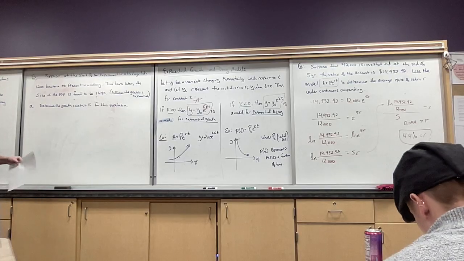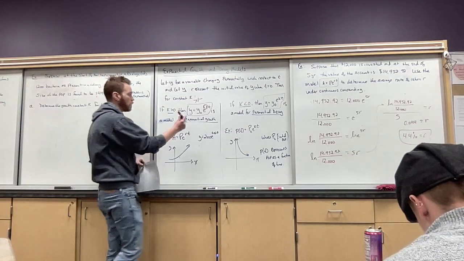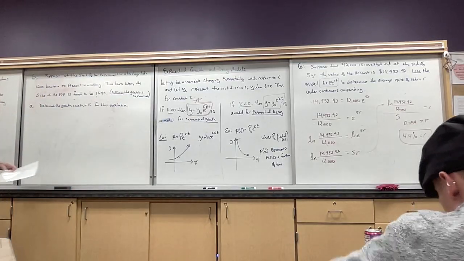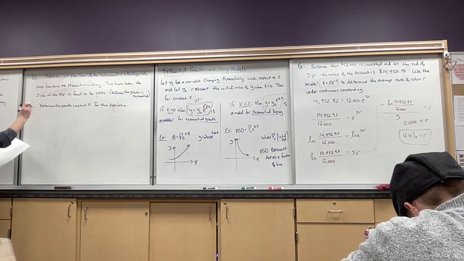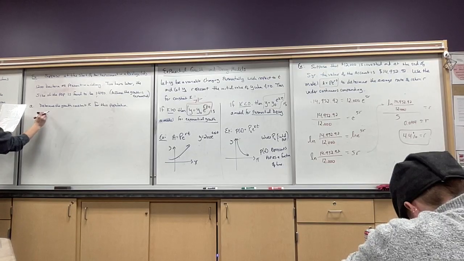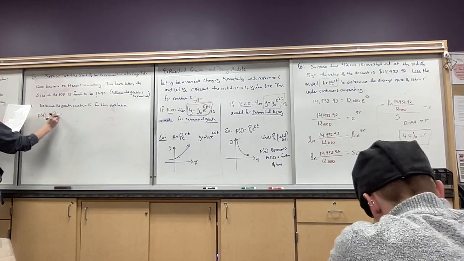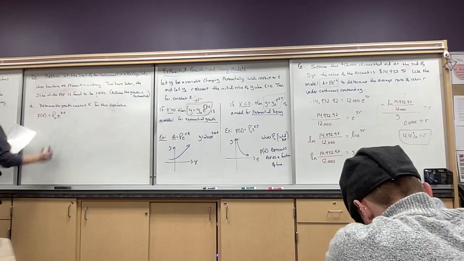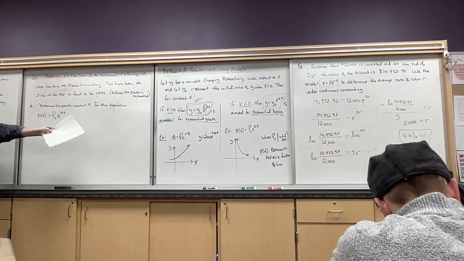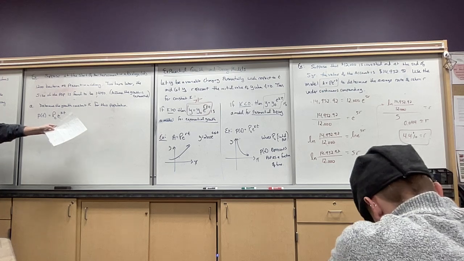So what I'm going to do is use the formula we know, which looks something like that, and rewrite it with the variables pertaining to this problem. So P of t equals P naught e to the kt. Let me identify what these variables mean. I did it with the decay model over there with population.